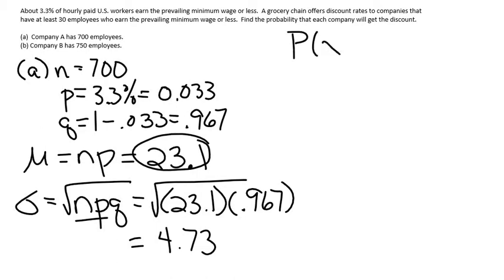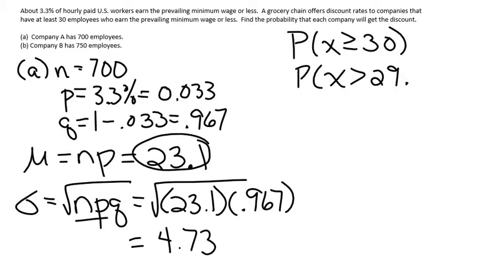So we're looking at the probability that x is bigger than or equal to 30. But remember that with the normal approximations, we have to use a continuity correction. In this case, we would subtract 0.5. So this is going to be my x value. Now let's find the associated z-score, or z-value.